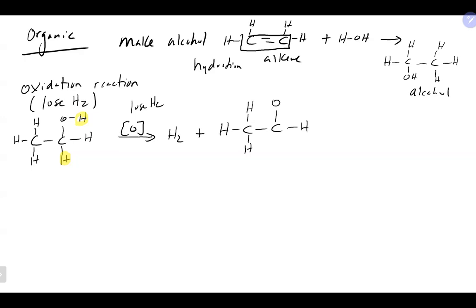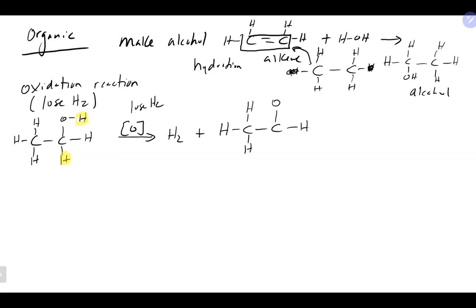Now, if you remember, every time we go from a single bond to a double bond to a triple bond, what we always lose is hydrogens, right? So we have to lose those hydrogens to allow the double bond to be made.